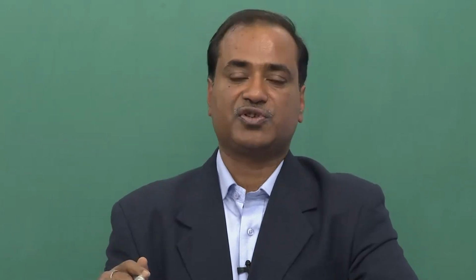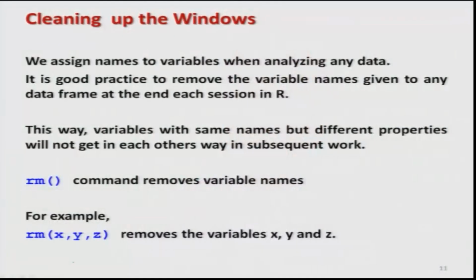So in order to make a good program, we have to be a little careful, and for that we should remove all the variable names whenever we switch to writing another program. If you want to remove a name, we have a command called rm, and inside the brackets you write the names of the variables you want to remove.